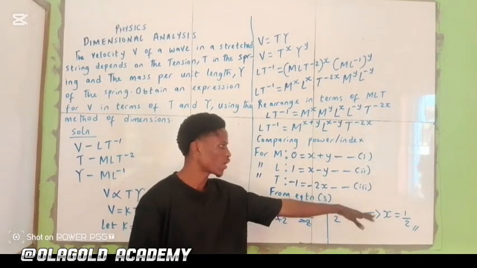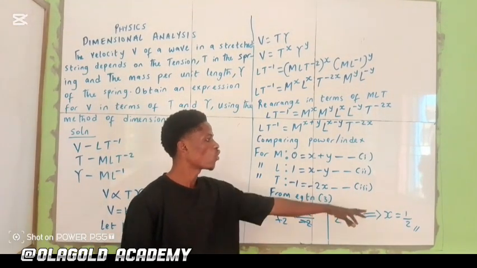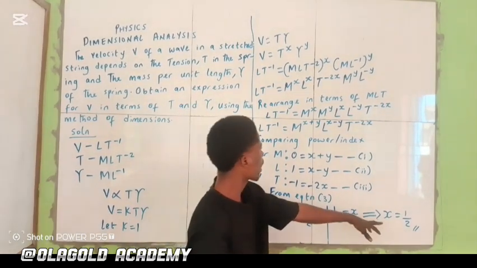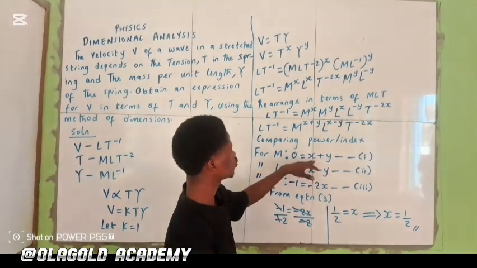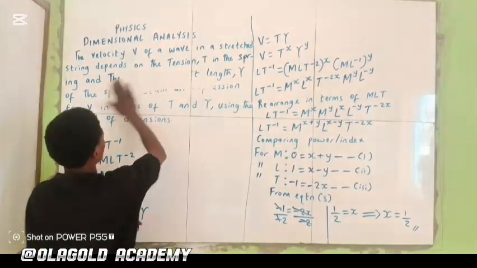So we have gotten our x to be 1 over 2. The next thing is to put our x into equation 1. So let me erase here.